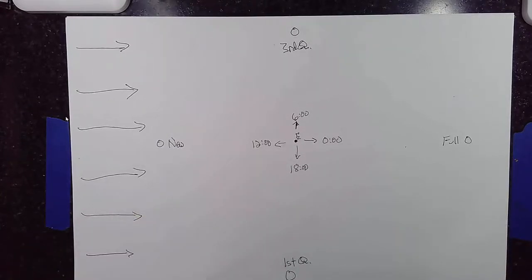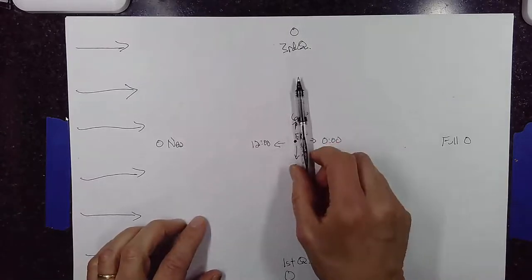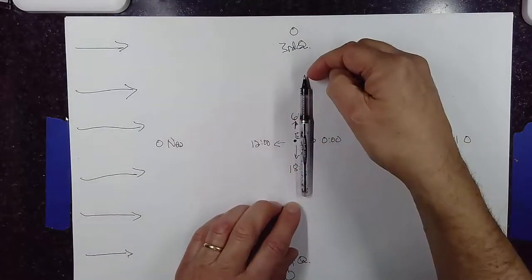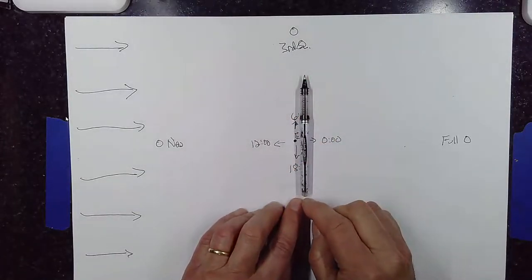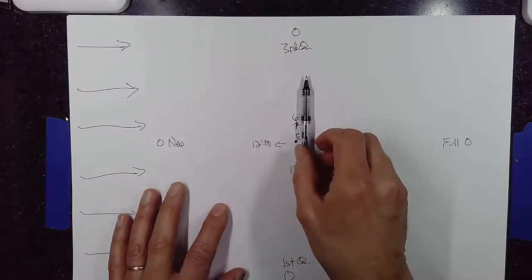But let's figure out, when does the new moon rise? And all I do is I take my pen and think of it as this end is my eastern horizon, this end is my western horizon, and the Earth rotates toward the east.